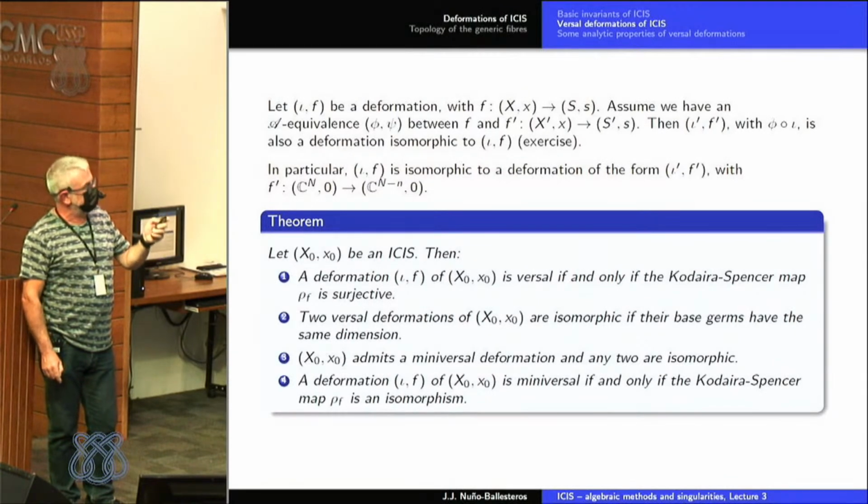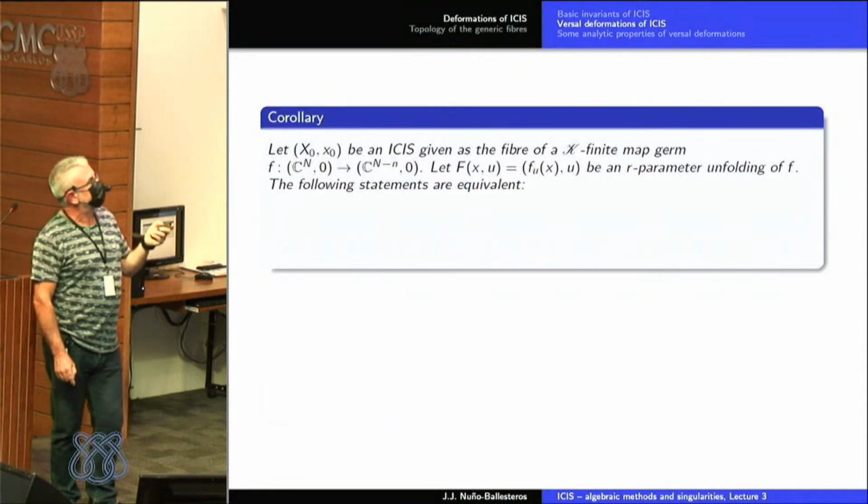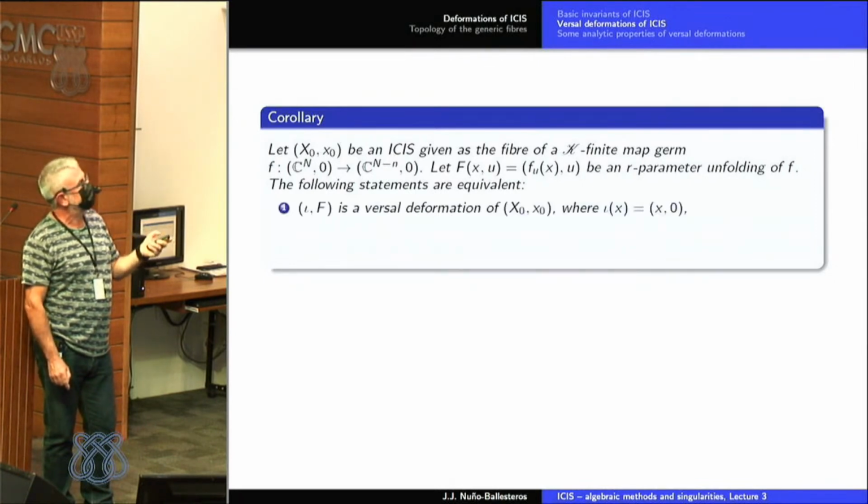Okay, so because of this theorem, we have a corollary: if x0 is an ICIS given as the fiber of a K-finite map germ f, and we take an unfolding, an r-parameter unfolding F of f, then the following statements are equivalent.